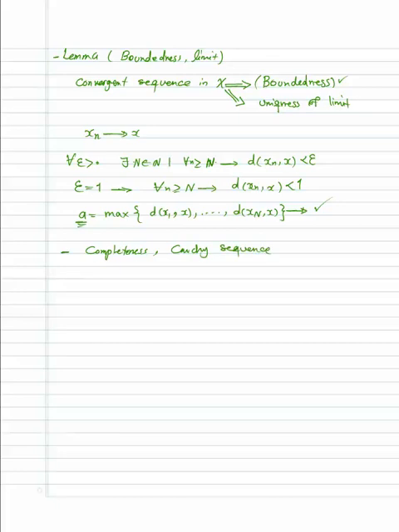Okay, completeness is an additional property which a metric space may or may not have. It means that we can have metric spaces which are complete, and metric spaces which are not complete.